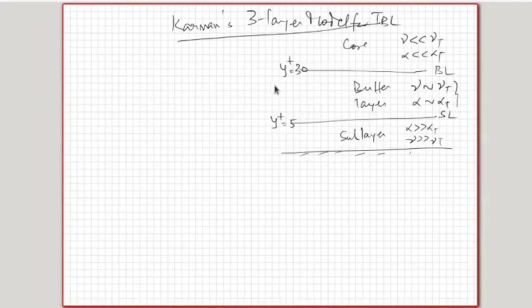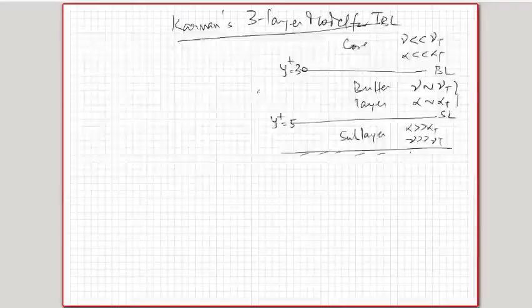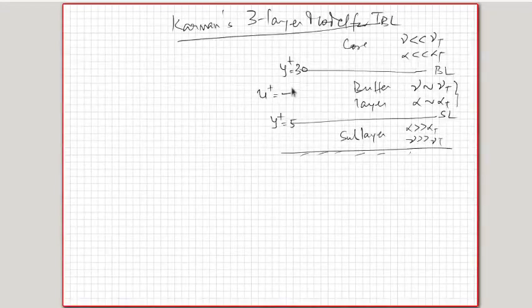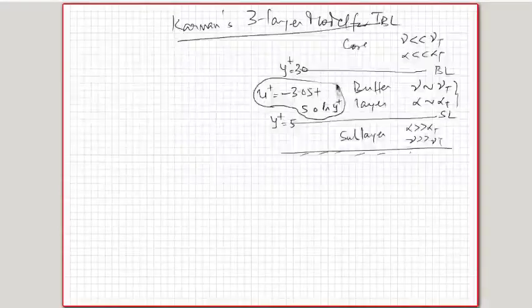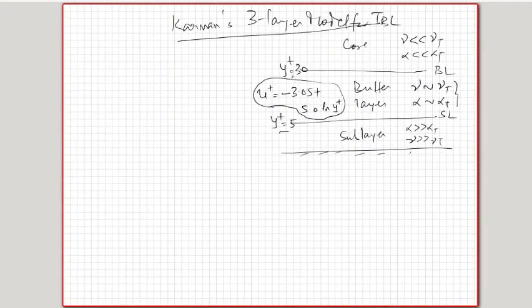And he also gave a boundary layer velocity profile here, saying u plus is equal to minus 3.05 plus 5.0 log y plus. So this is a velocity profile which Karman gave, and these limits of the region.